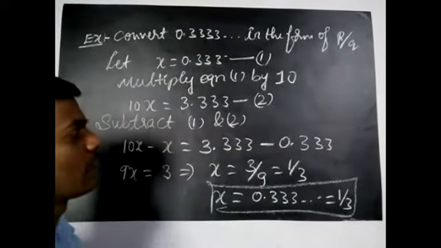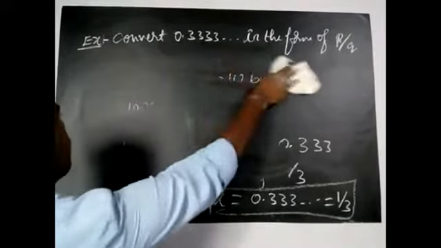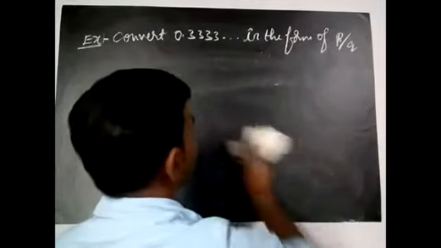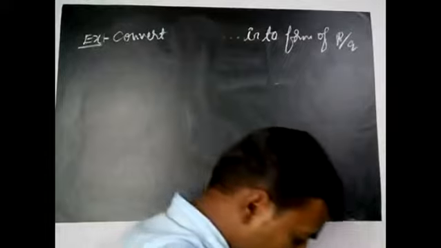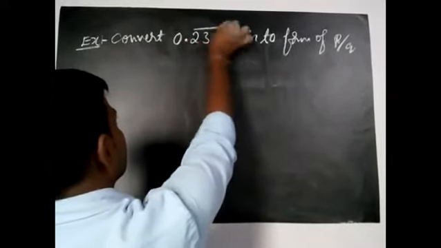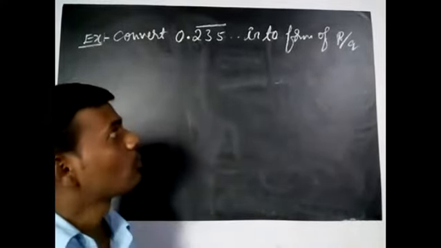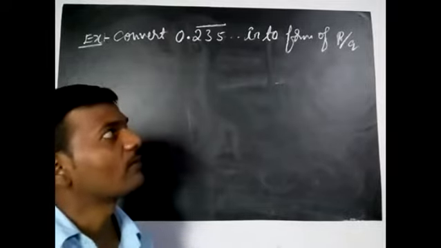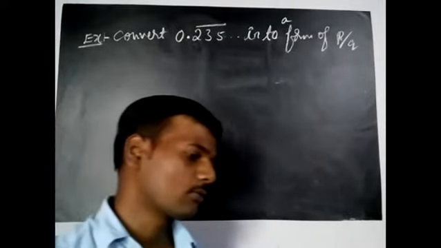Next, let me take one more example to convert non-terminating recurring decimal expansions into p by q form. Convert 0.235 with the repeating block into the form of p by q.